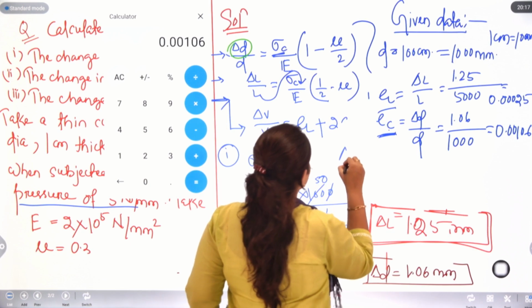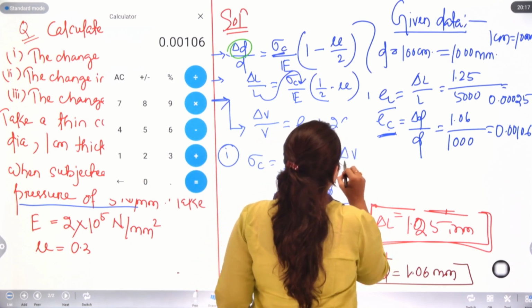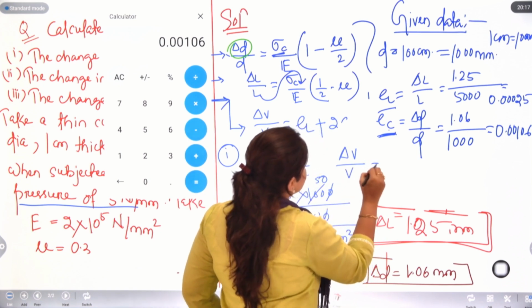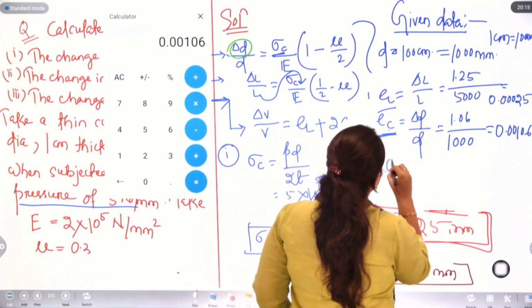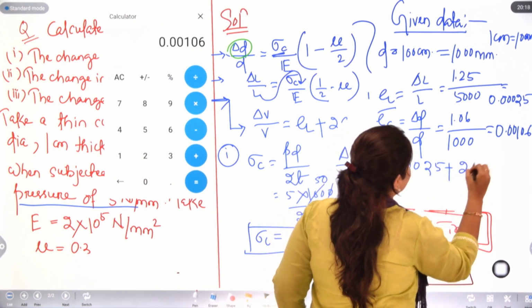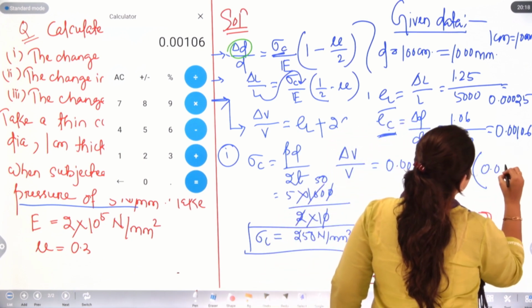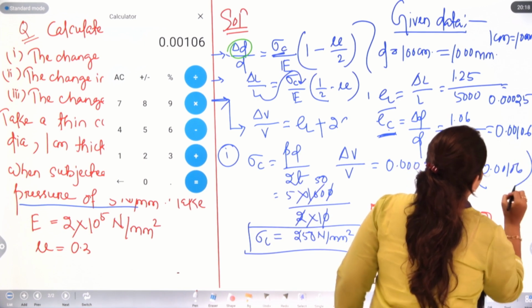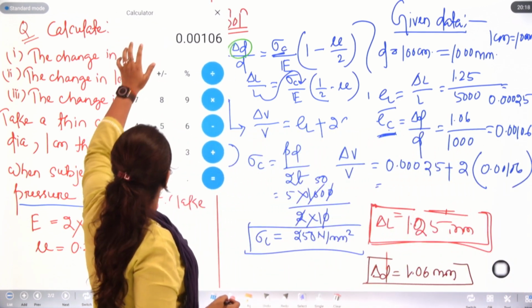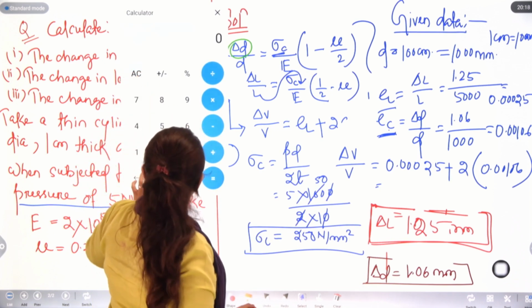So we know the formula for del V by V is what? EL, that is 0.00025 plus multiply with 2, 0.00106, right?